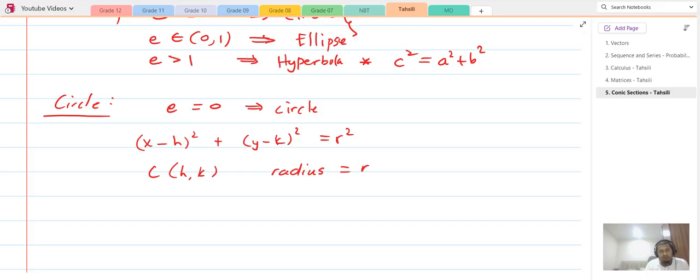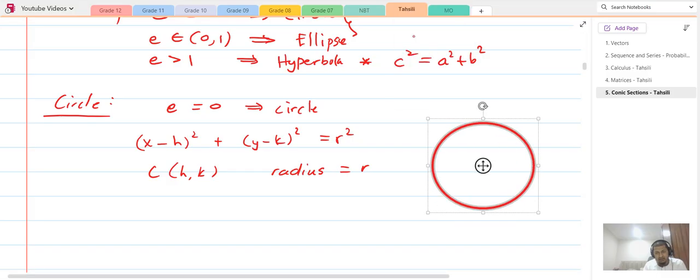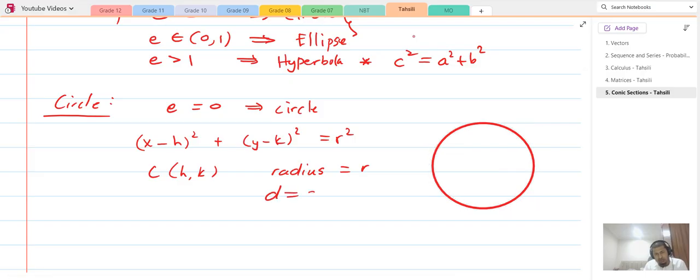Now how does this work? Let's draw a circle here. And now remember, the diameter is twice the radius. So the center is here. Center is h and k in the circle, right?